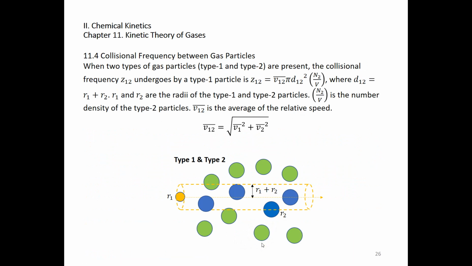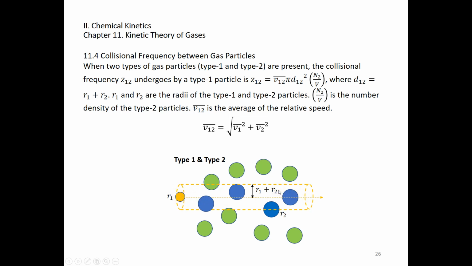Now let's look at the collisions between two different types of gas particles. Let's focus on this yellow sphere. It's going to move in this direction. We drew a collisional cylinder with a radius of R1 plus R2. R1 is the radius of the yellow sphere.